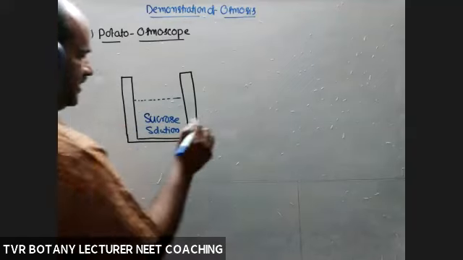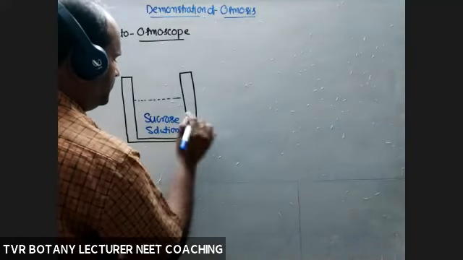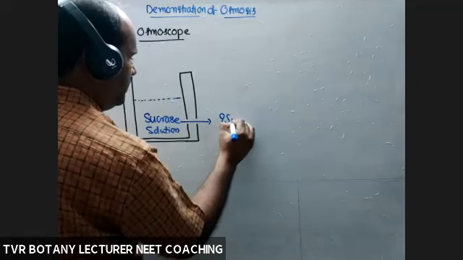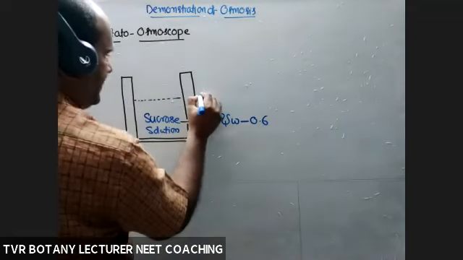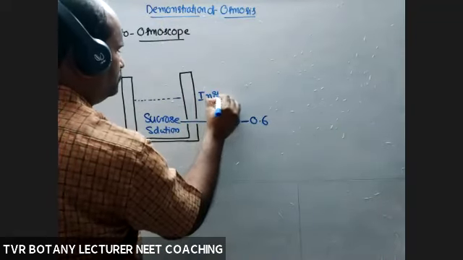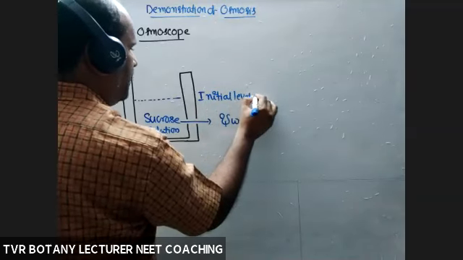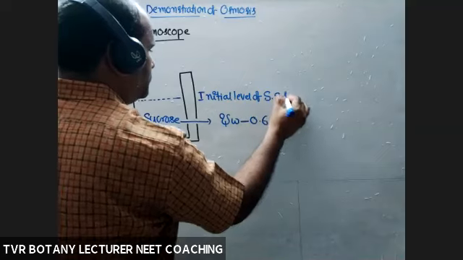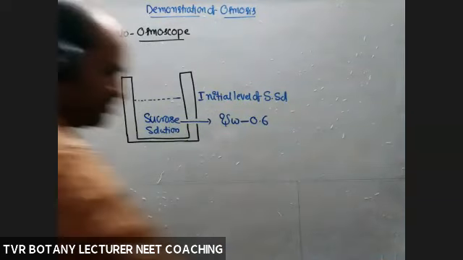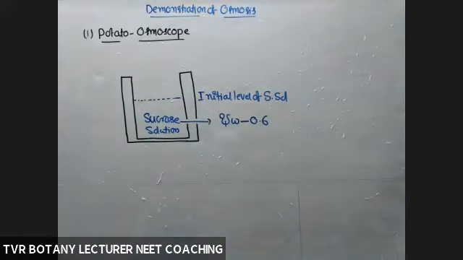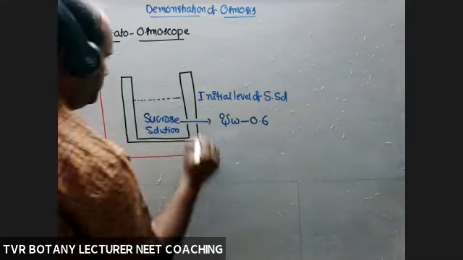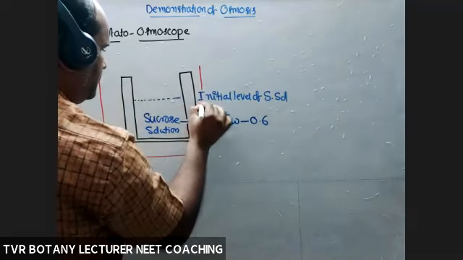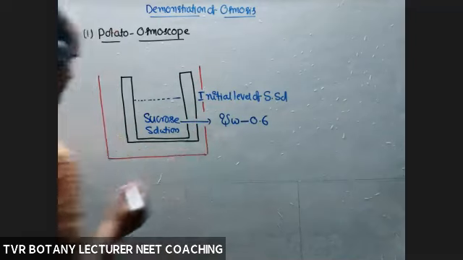Okay, so here initially the psi W value is, for example, minus 0.6, and this is the initial level of sucrose solution, and now it is dropped into a beaker with pure water.